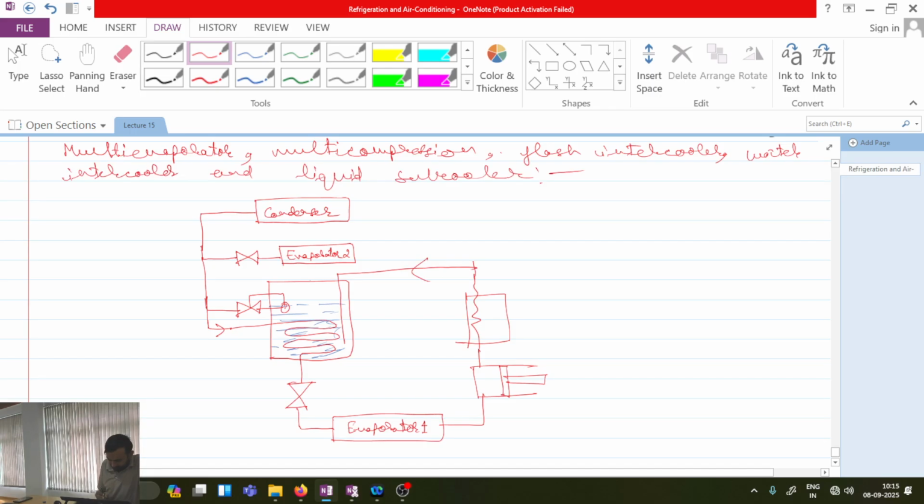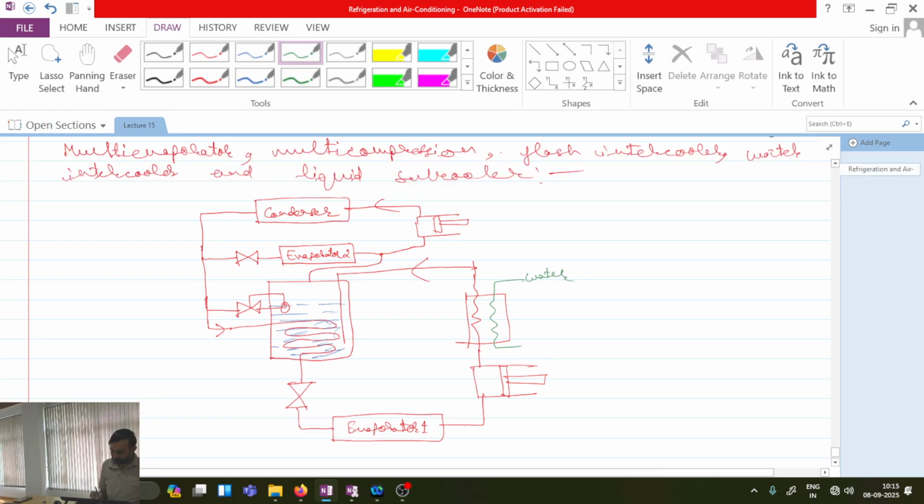After that, the vapor coming from here and the vapor coming from evaporator 2 will mix together, and finally I will be having the next compressor, and then it will go to the condenser. Is this one clear? Anyone is having any doubt about this?